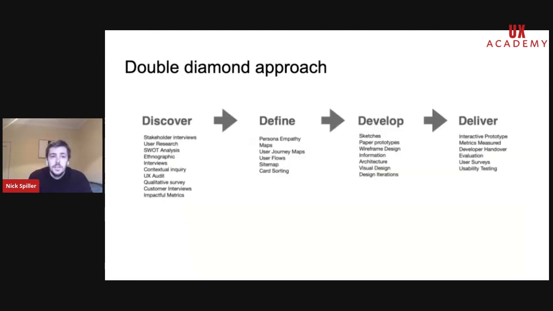So the double diamond approach is basically split up into 4 individual steps, and these are grouped steps. You're probably familiar with some of these methods. You might have heard of user flows or visual design. I think visual design is probably the most common one, made very obvious by the likes of Dribbble, where people upload very visual shots of their design work.